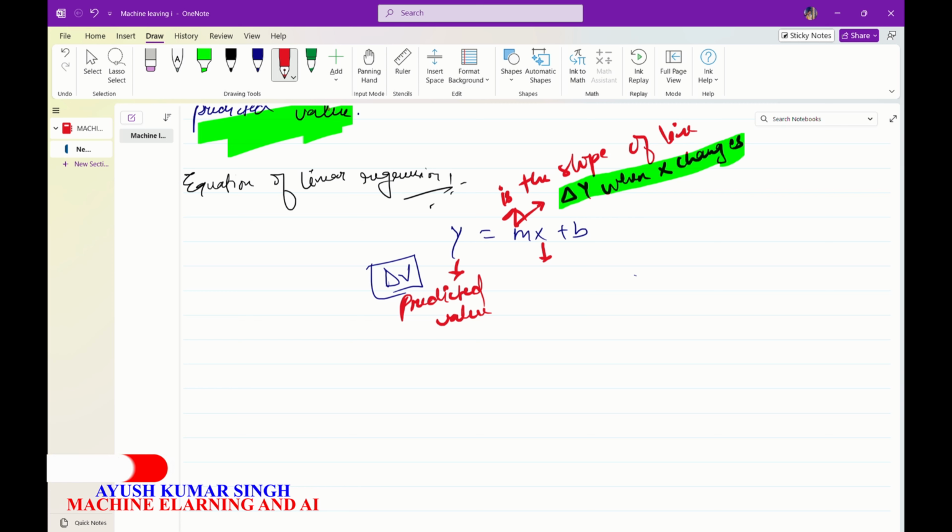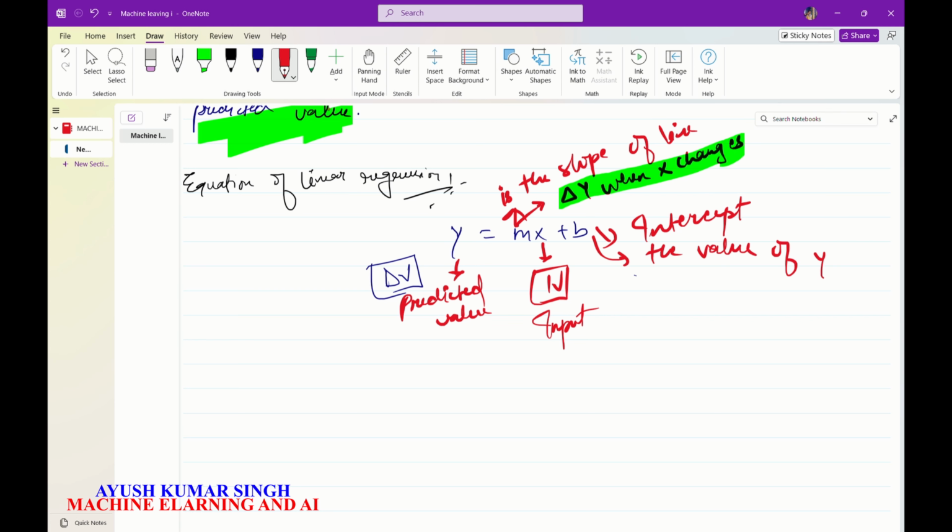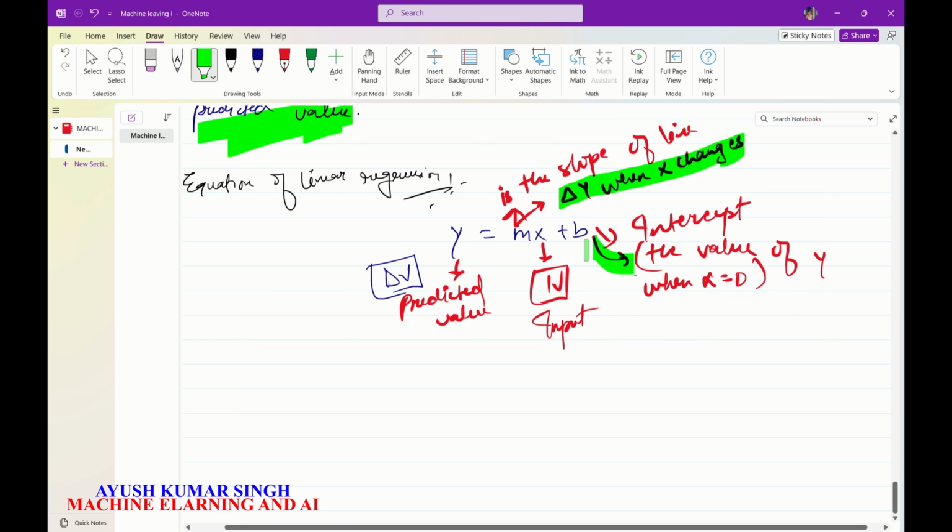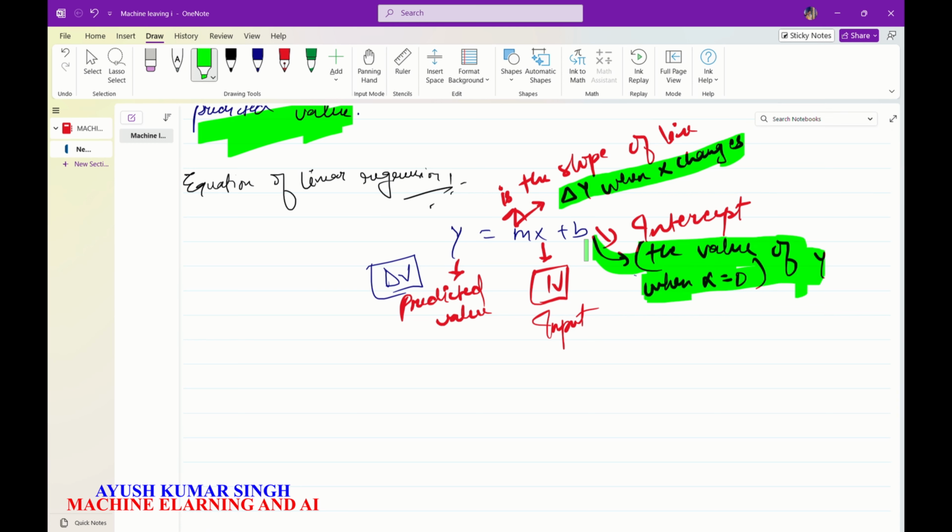Next, x is our independent variable, that is the input. And b is the intercept, that means the value of y when x is equal to 0. So this is the main overall formula for linear regression. I hope you understood.